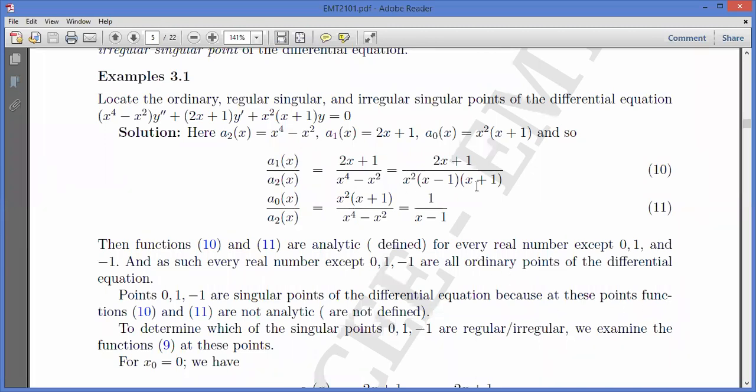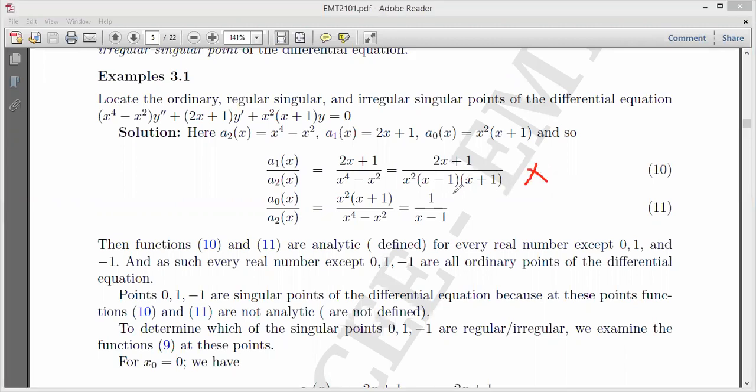So here, for example, if you look at 10, it is obvious that if you take values of x, for equation 10, you can see that for this to be analytic, x must never be a negative 1. Why? Because if this x is a minus 1, then this whole denominator becomes a 0.